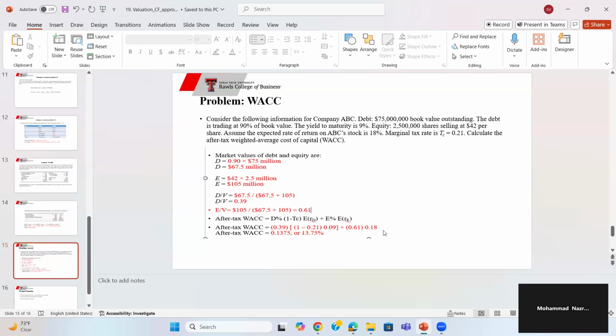With a simple calculation, you get an after-tax weighted average cost of capital of 13.75%. Remember, when you calculate this kind of math, think about what is related to the debt and what is related to the equity, and then adjust to get your weighted average cost of capital.